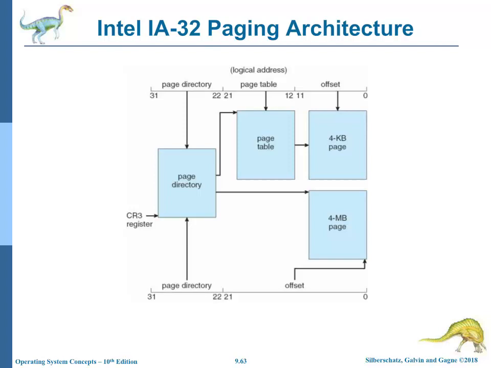The 10 high-order bits reference an entry in the outermost page table, which IA32 terms the page directory. So we see the bits from 31 to 22 point to the page directory. The CR3 register points to the page directory for the current process.